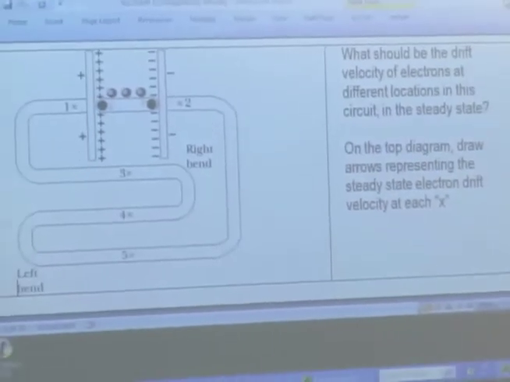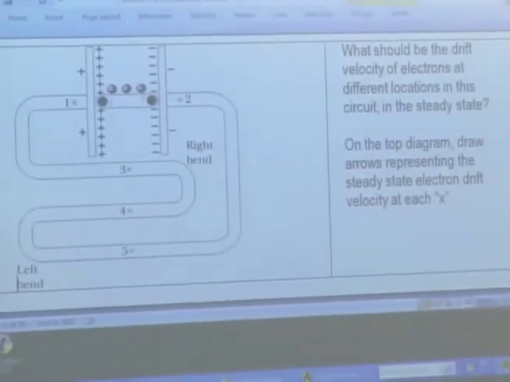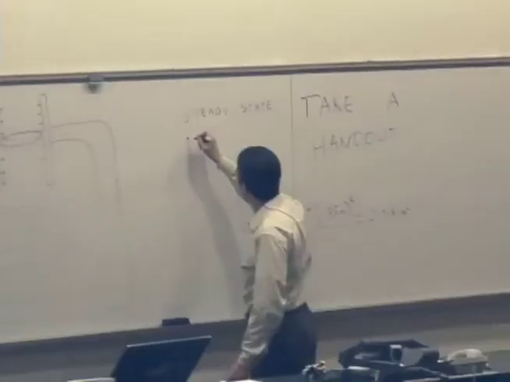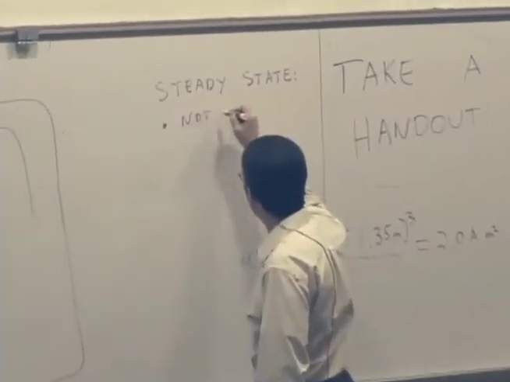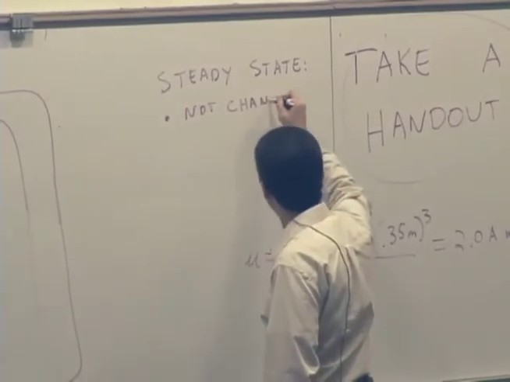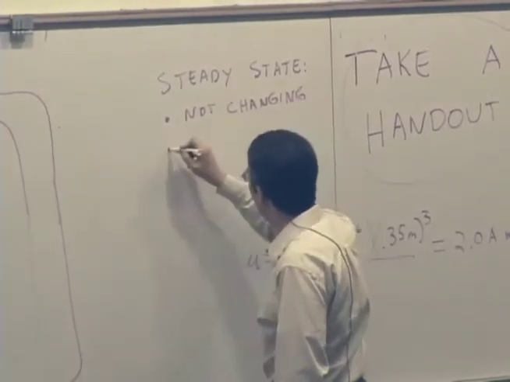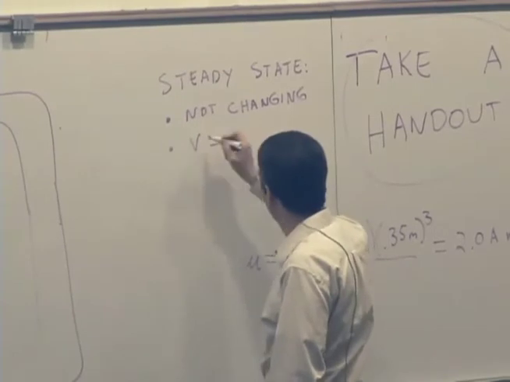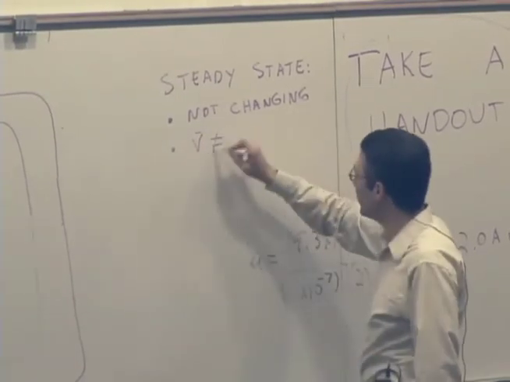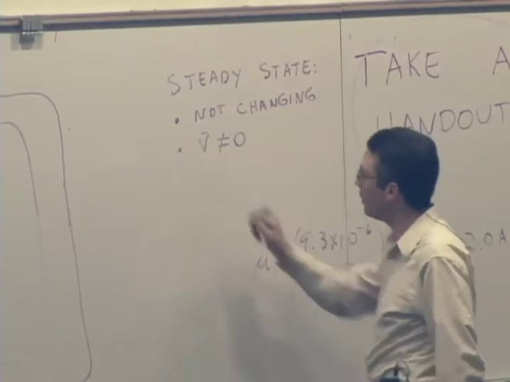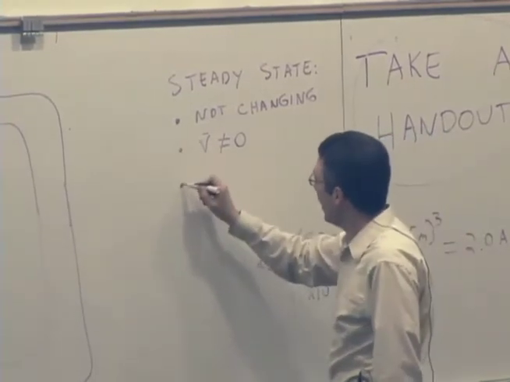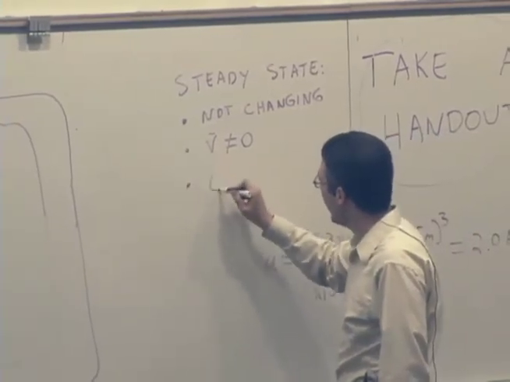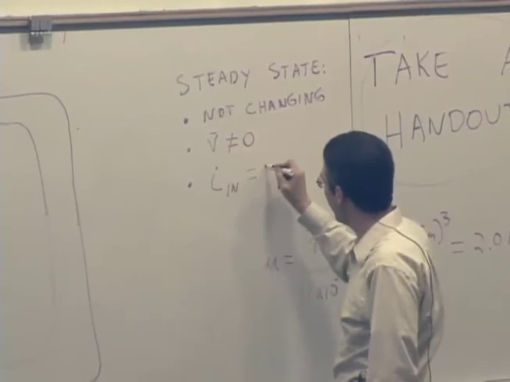So if we're thinking about the circuit's hooked up, it's been running for a while, we're in a steady state. Remember, a steady state means that it's not changing anymore, right? The electron velocity, or the drift velocity, is not equal to 0, so there's going to be some moving electrons. And we also know the current node rule, which says that the current in is equal to the current out.